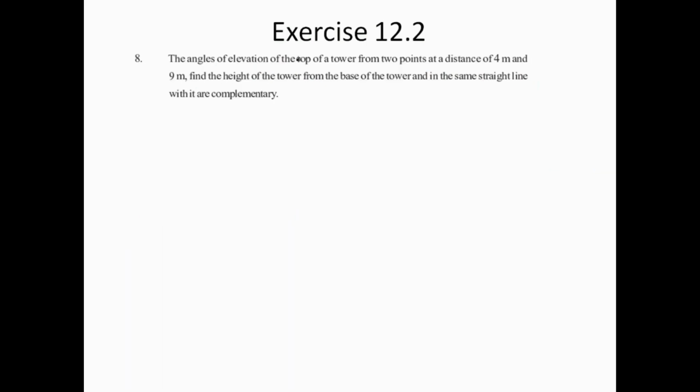Here, the elevation of the top of a tower from two different points at distances of, okay, we are having two different points. If you look at that, the maximum one is 9 and the smaller one is how much? 4.